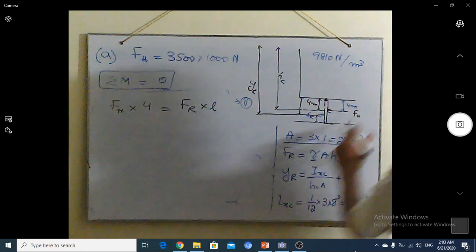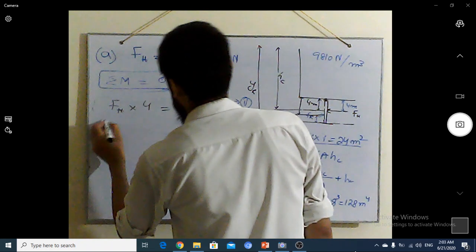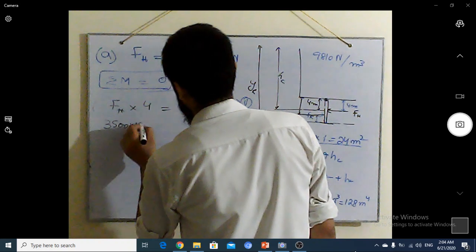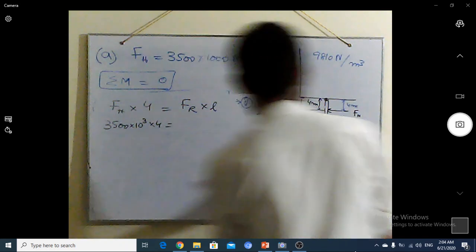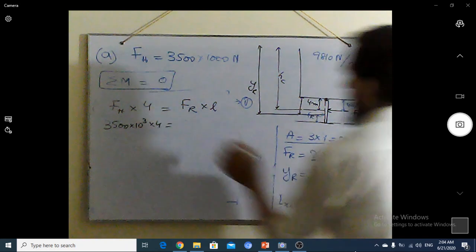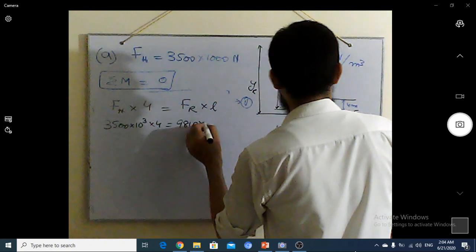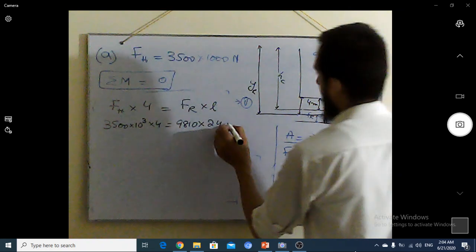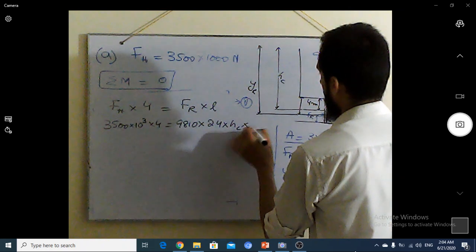On the other hand, FH applies its restricting force at the centroid. So here we come to know that 35,000 raised to the power 3 multiplied by 4 is equal to FR. Again, it is equal to the specific weight 9810 multiplied by the area, which we have calculated is 24, and the value of HC multiplied by the arm.